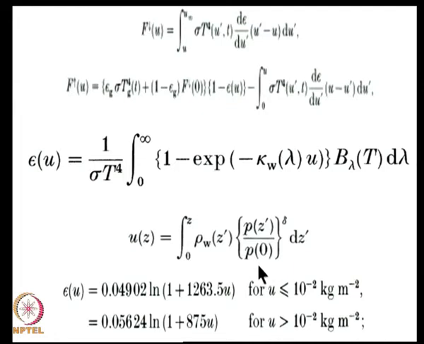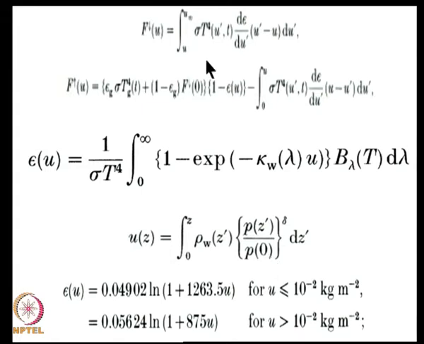So, that will have an effect on the line width of the absorption band. So, you want to account for this non-homogeneous path you are dealing with. So, the traditional definition of path length is modified for this case by this expression of p(z')/p_0 to the power delta. And so, this takes care of the non-homogeneous path followed by radiation as it goes from surface to very high altitudes.